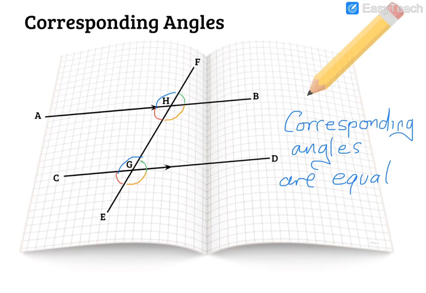It's also worth remembering how we name our angles. So if I was talking about this green angle at the top, I'd call this angle FHB. Let's write that on, angle FHB. So which angle is FHB corresponding to? Well, we know it's this green one down here, so what would I call it?